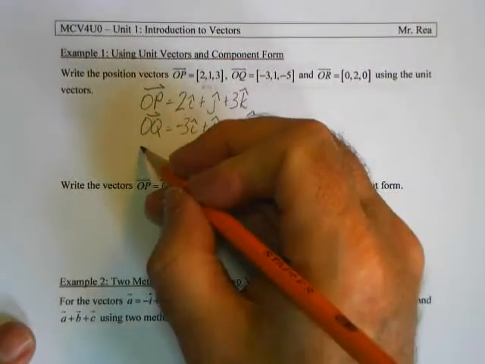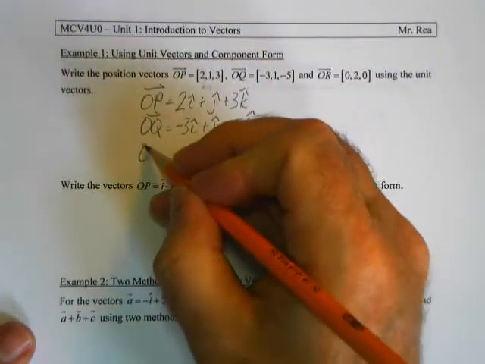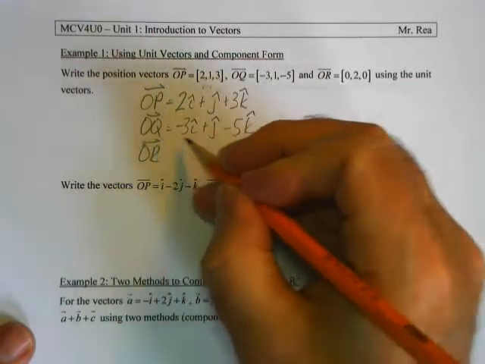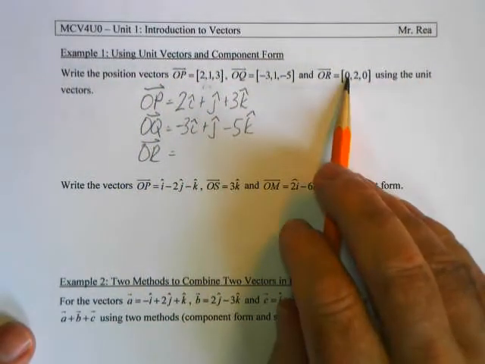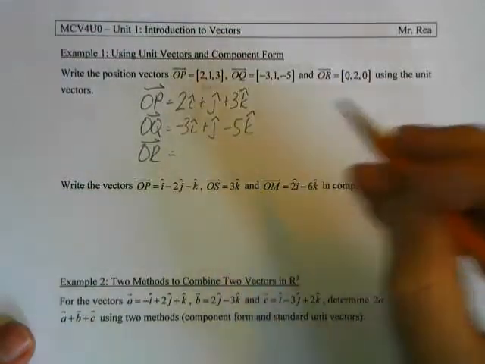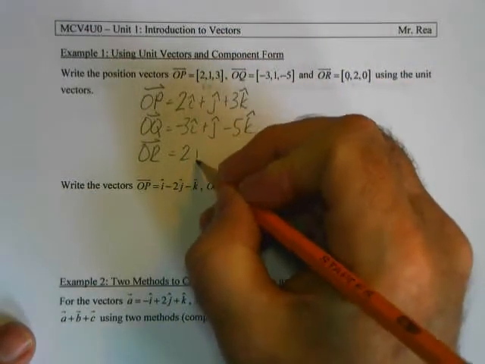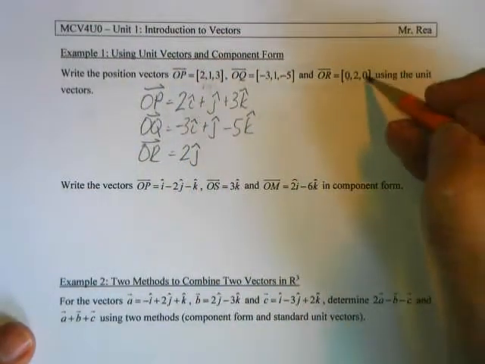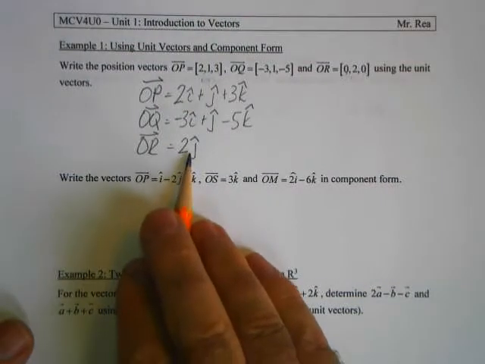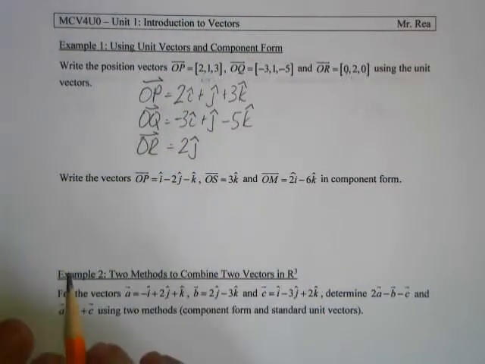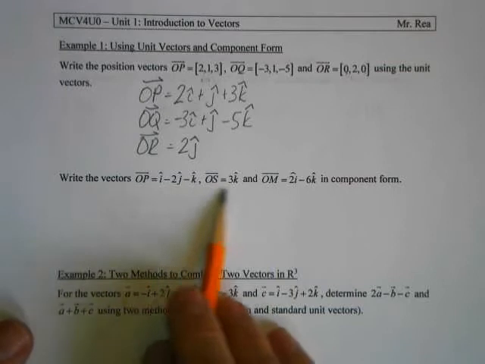And then the last one, OR, this one you just have to be a little more careful. That would be 0 times i hat, so you don't have to write that, plus 2j hat, so we do write that, plus 0k hat, so we don't have to write that. So we're just writing the non-zero component elements of that vector.